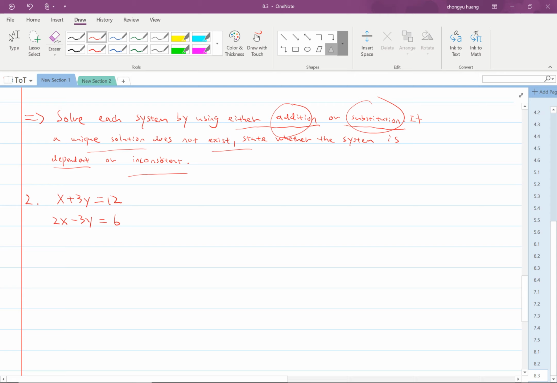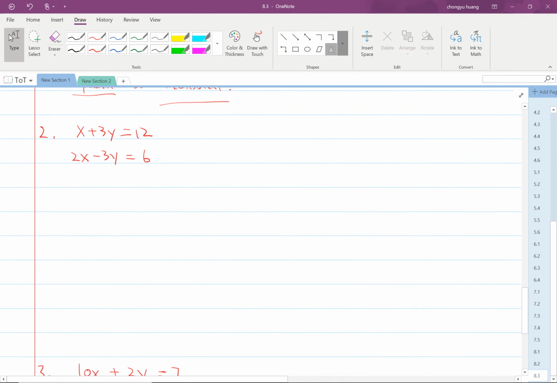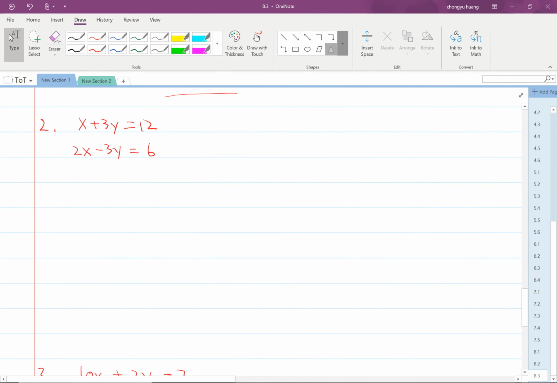Okay, so here we have to decide which method to use. Let me think about it. Let's do question 2 first. You take a look at the question, right? We have equation 1 and equation 2, and you see we have positive 3y and negative 3y.